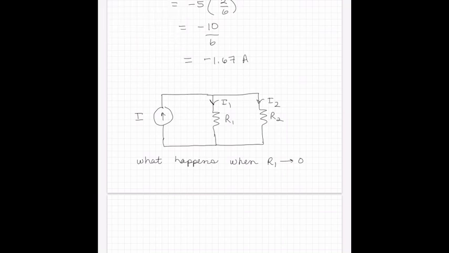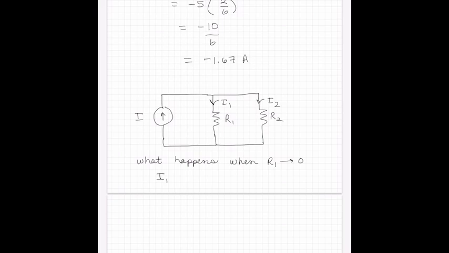So let's go back to what happens when R1 is getting very small, almost approaching 0 relative to R2. When this happens, noting that current wants to take the path of least resistance, just like all of us do. You know, water takes the path of least resistance when it's flowing down into a ravine, or we like to take the path of least resistance because it's the easiest.